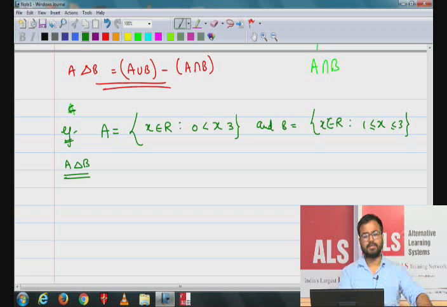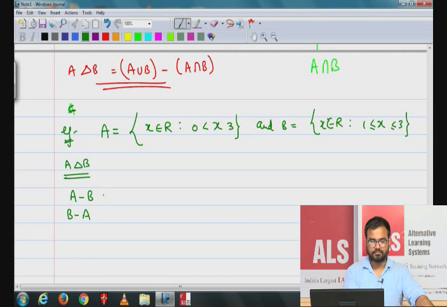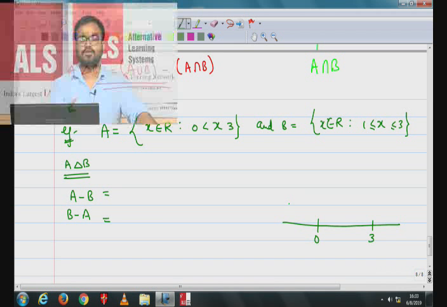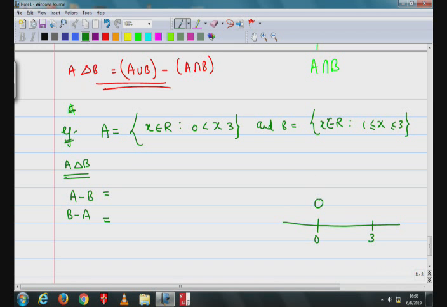To solve this one, it will be easy if we plot it on the number line. Now if this is the number line, the set A means 0 to 3. This is 0, this is 3, and since nothing is included, we have learned that we have to draw the open circle from 0 to 3.